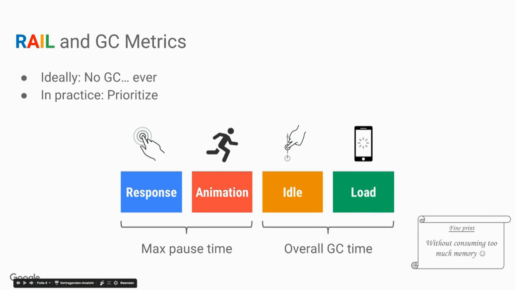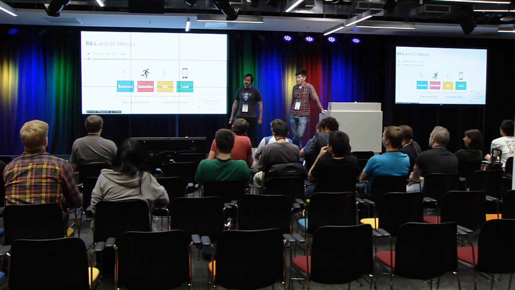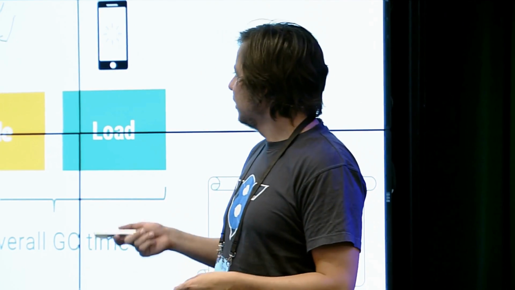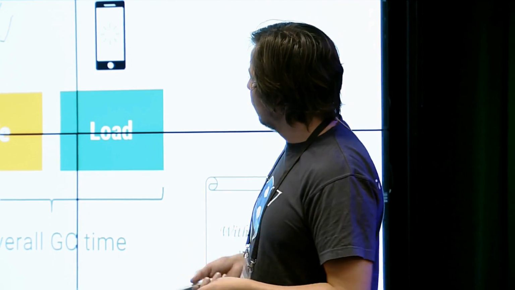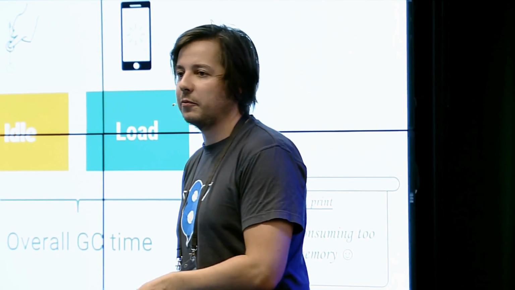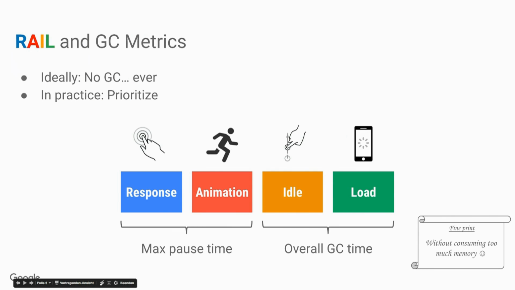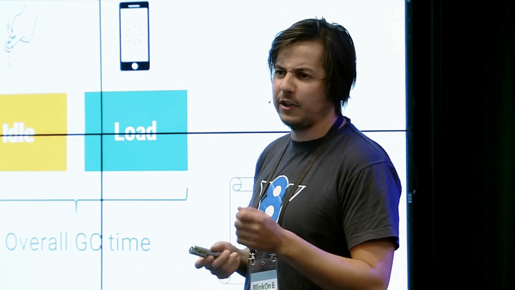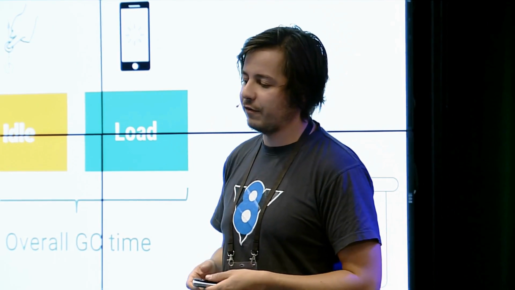How do we see the metrics and how do we see RAIL? Ideally, you don't want to have a GC ever. You don't want to observe a GC. You want to have zero memory. That's not possible, so you prioritize. So for us, response, animation, idle, and load. For response and animation, we focus on the maximum pause time. We try to make the chunks of work as small as possible in those phases, which we determine through heuristics or API functions.